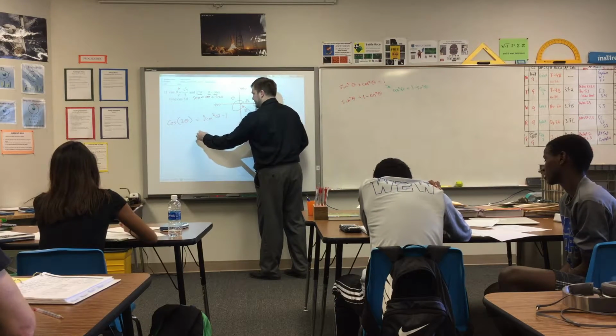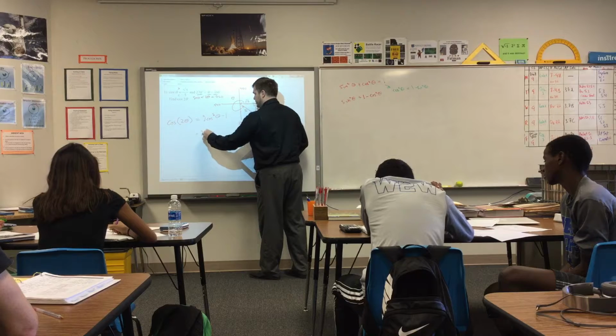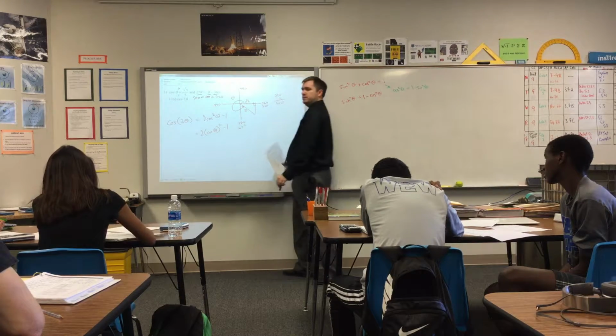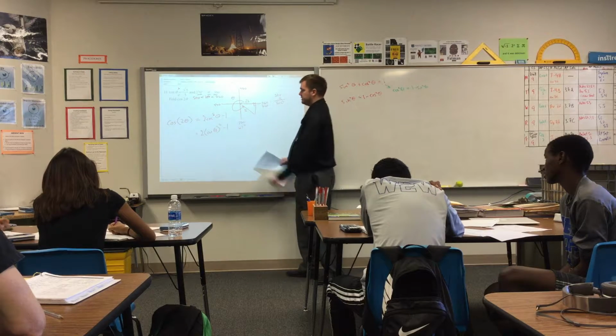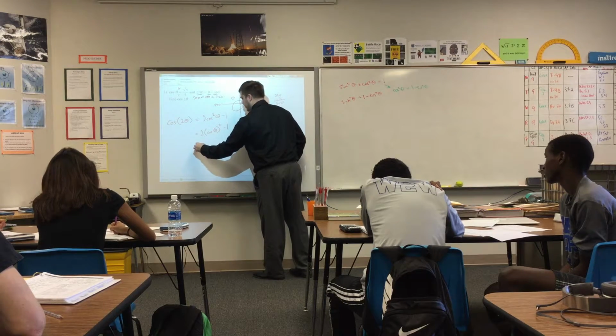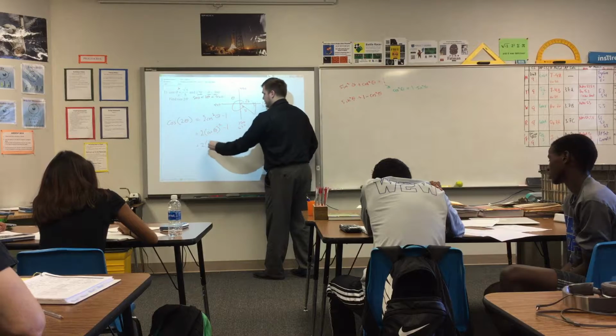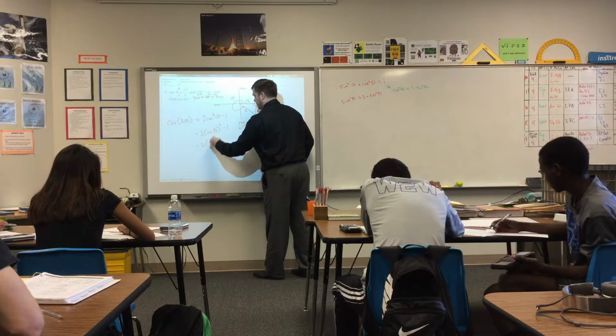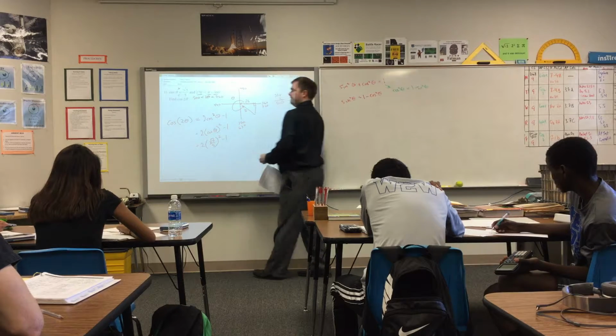So what that really means, just as a reminder, is 2 cosine of theta squared minus 1. I'm going to write it that way because when I do my substitution, it'll make a little bit more sense. So 2 cosine of theta, I'm told, is square root of 5 over 5, squared, minus 1.